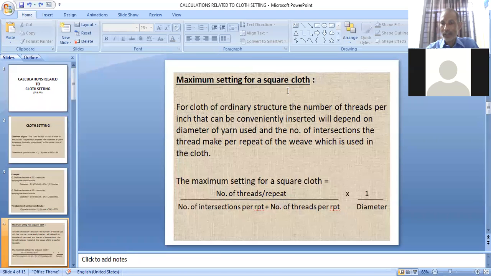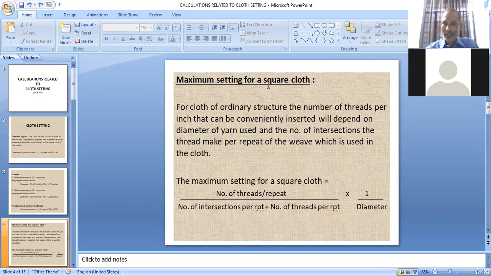Generally, we take higher EPI and PPI in the fabric, but these calculations are done by considering EPI and PPI equal, and that is known as square cloth, which is the best condition for a fabric. But for economical reasons, generally we take higher EPI and less PPI so that production can be increased. If production is increased, then the cost of the fabric is decreased. That is a practical aspect to produce economical fabrics.